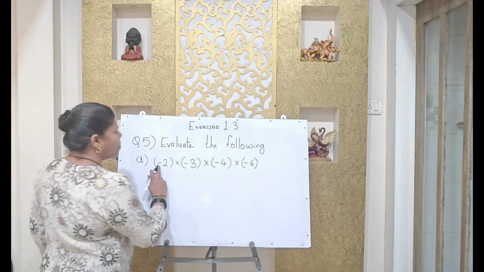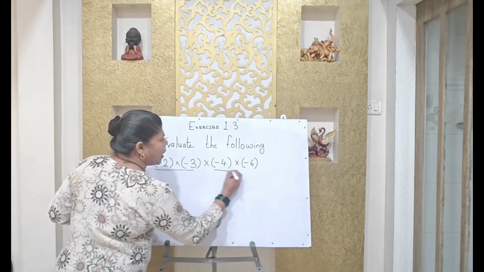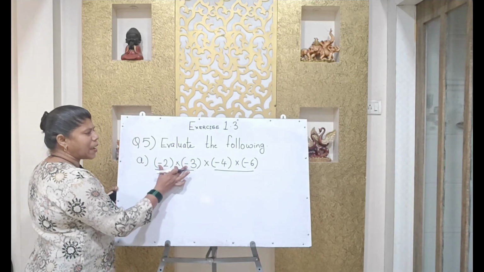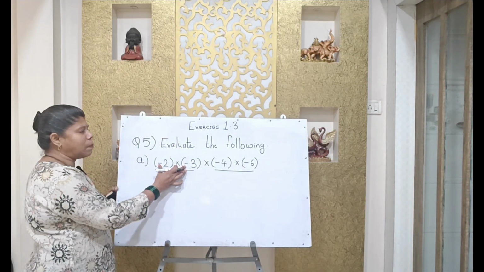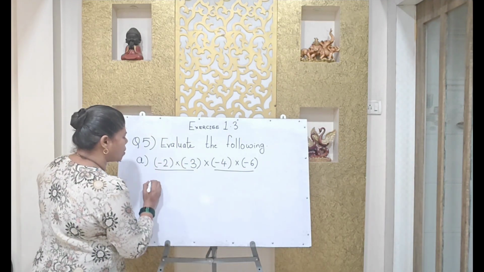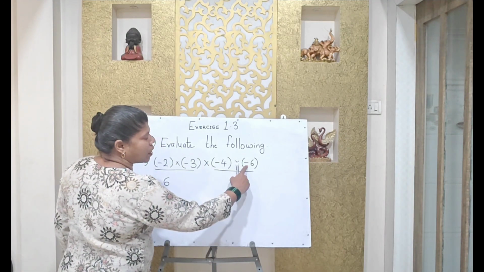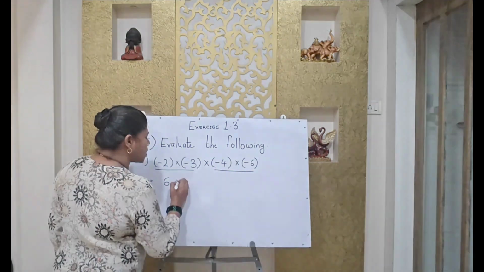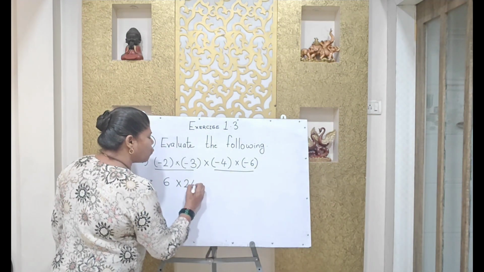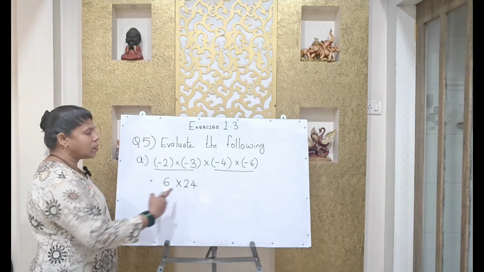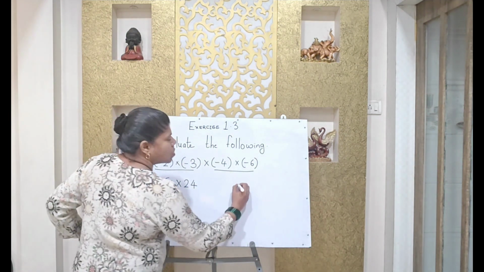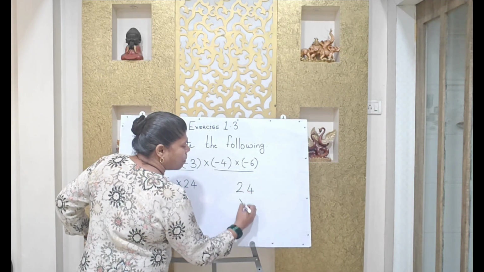How? See, take these 2 numbers and these 2 numbers. Same sign, positive, you know the rule. So 2 3s are 6. No need to give the sign. Same sign again, positive. 4 6s are 24. Right? Now 24 6s are 24 multiplied by 6.